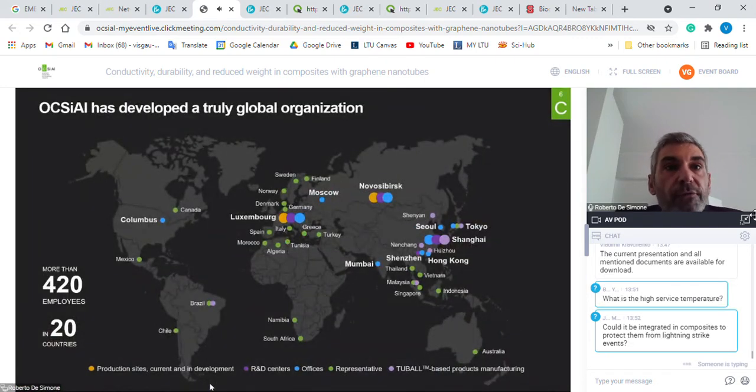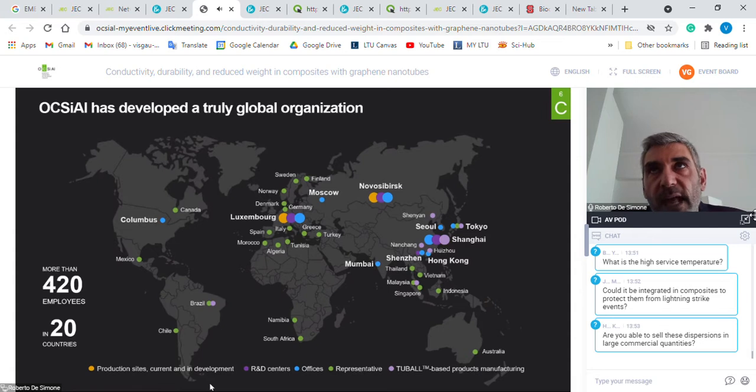A general overview of how our organization is located. We have different R&D centers, as I said, and two production facilities, one in Novosibirsk and the second being built here in Luxembourg to reach something like 350 tons per year of TUBALL production capability. Our supply chain is via distributors. I would say that 95% of our customers are served via distributors.